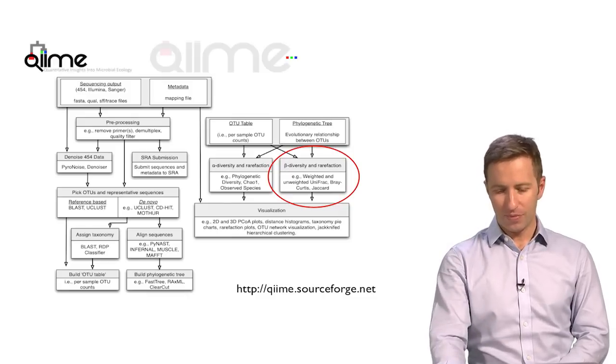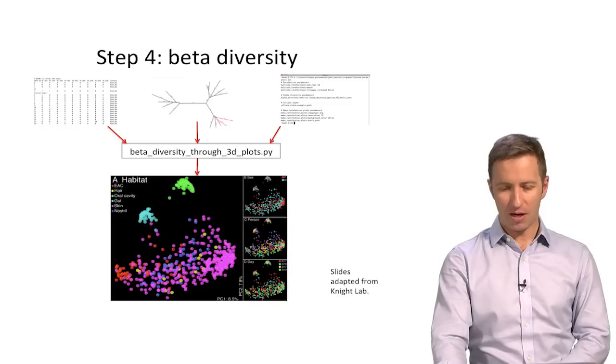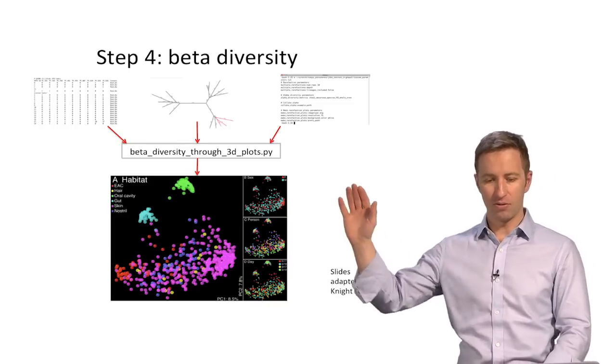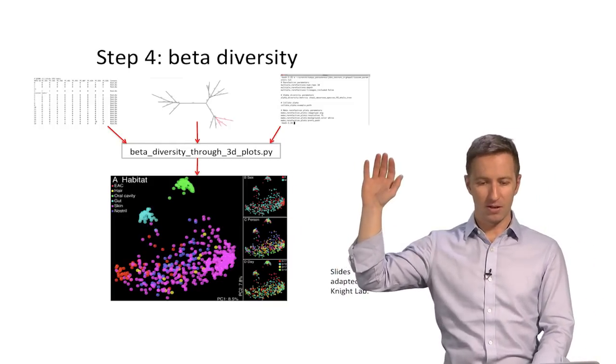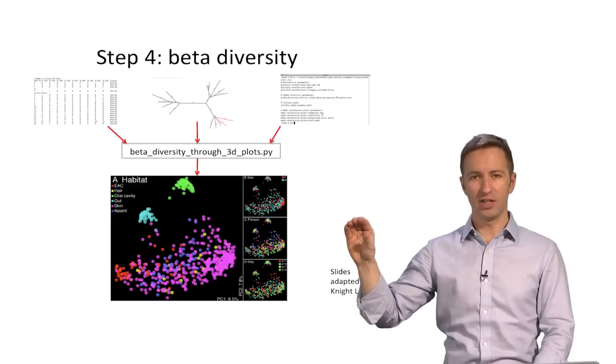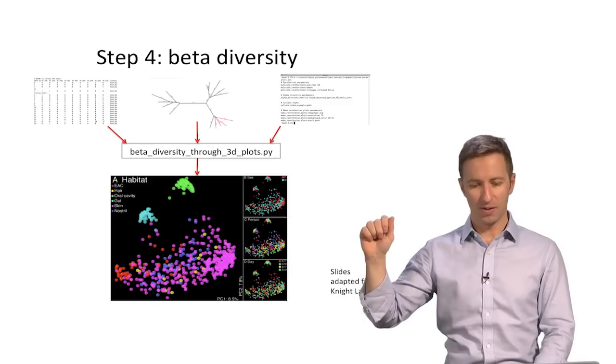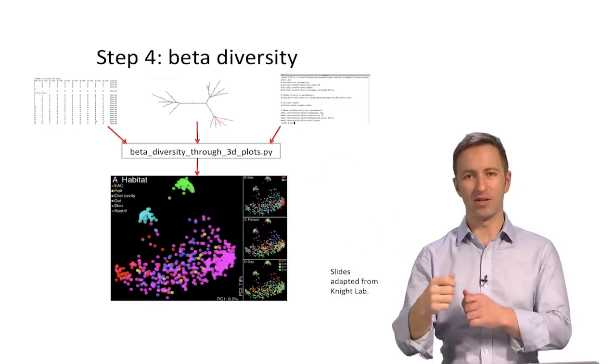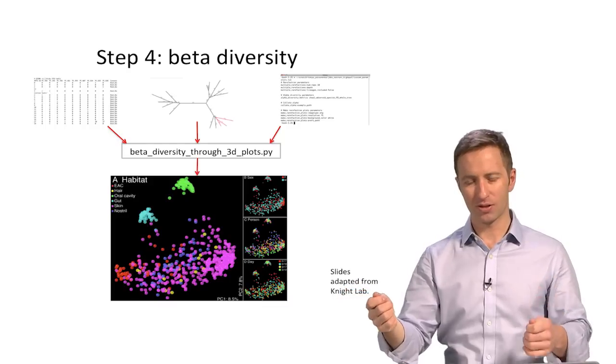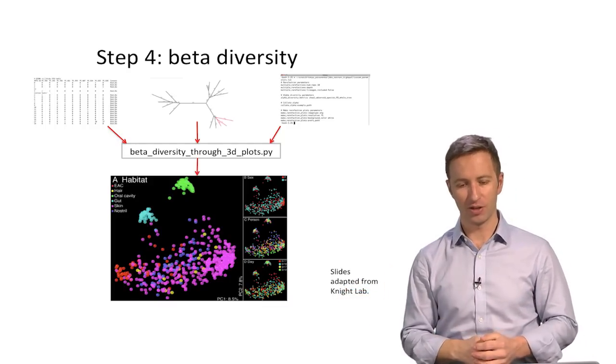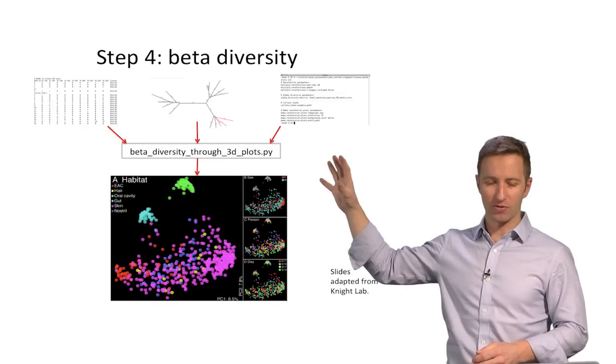Beta diversity is another major output from Qiime. So here again, you'd use the OTU table. You would usually provide a phylogeny, because one of the most useful beta diversity or distance metrics uses phylogenetic information. And then you might also have a parameters file.